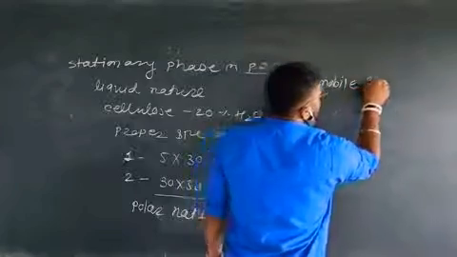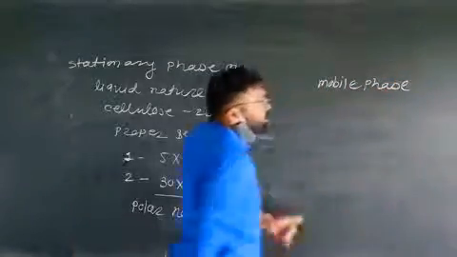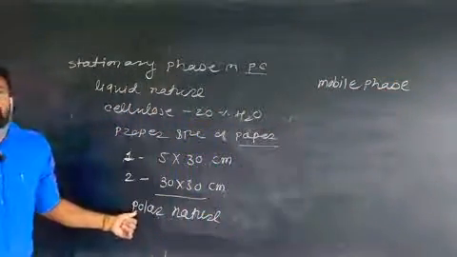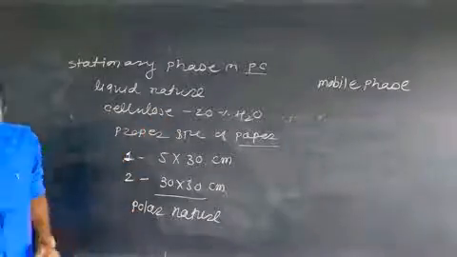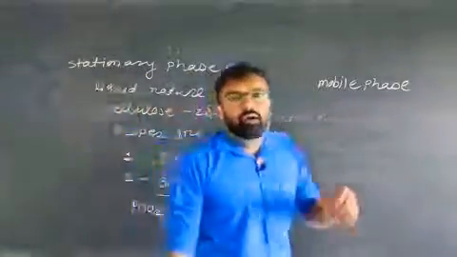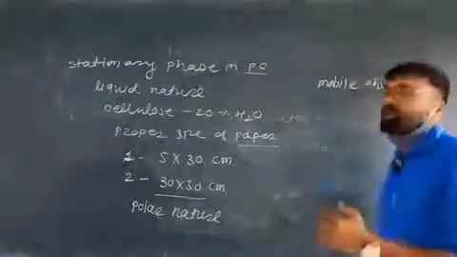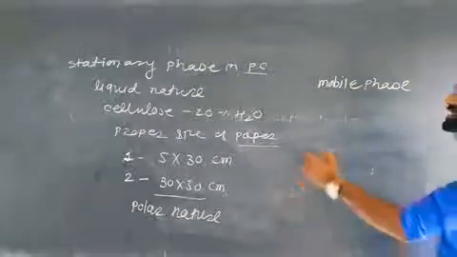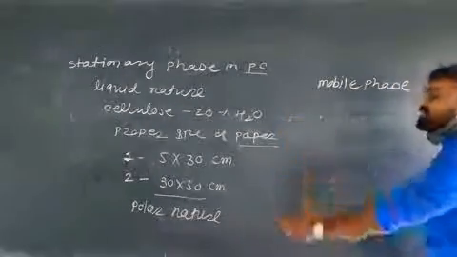Mobile phase. Because the stationary phase is highly polar in nature, a single solvent or a mixture of 2 to 3 solvents is chosen which is less polar than that of the stationary phase.